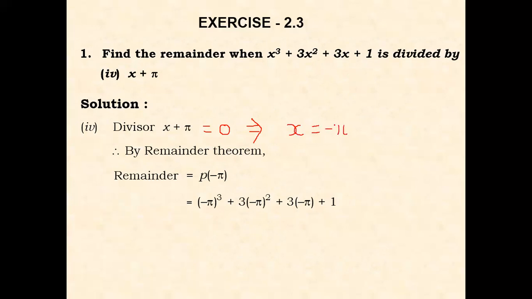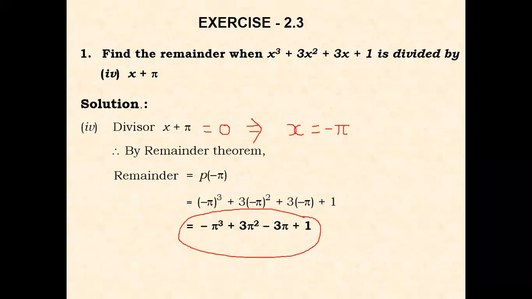So now minus pi you have to put in place of x. Again you have solved it. So you can see everywhere we have put the value of x, that is minus pi here, and the result will be as it is. You are not going to put pi is equal to 22 upon 7, because this is what is left as the remainder, and that's what you are supposed to find out.